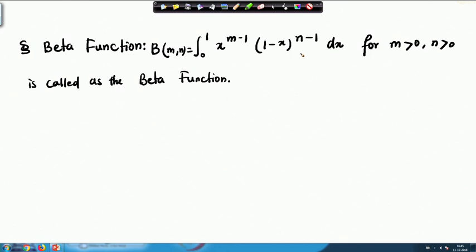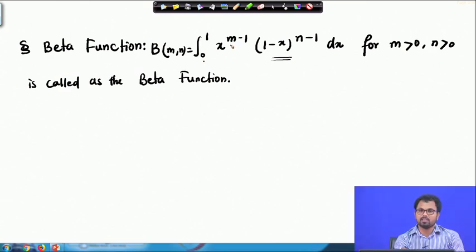So, at x equals to 1, when n is less than 1, we will have a point of infinite discontinuity. Similarly, at x equals to 0, when m is less than 1, then we have a point of infinite discontinuity.